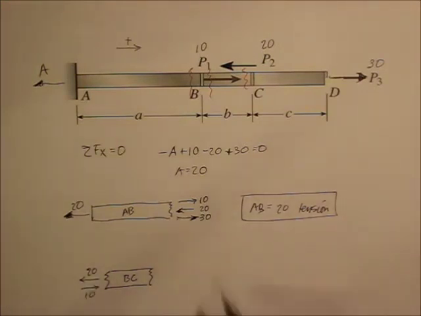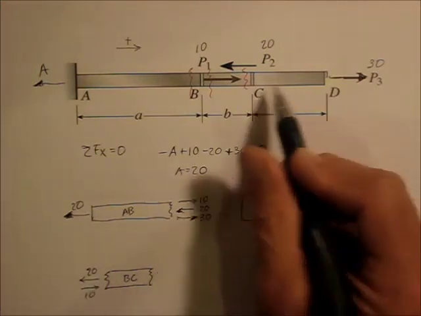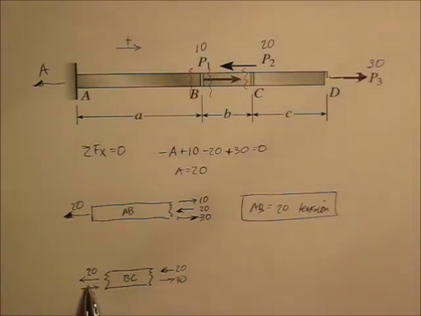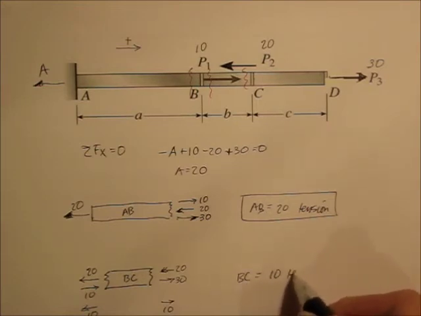Whatever happens on this side has to be equal to that. So on this side I've got a 20 going that way and a positive 30. You add those things up and I got 20 and 10, 20 and 30, so that means I have a net 10 going that way and a net 10 going that way, so BC is equal to 10 in tension.